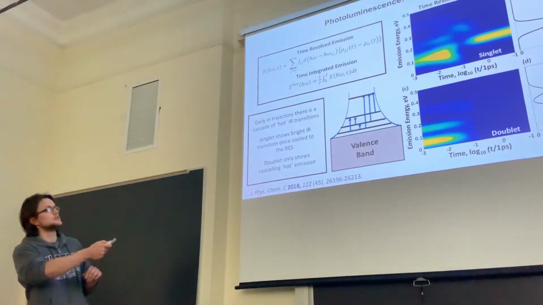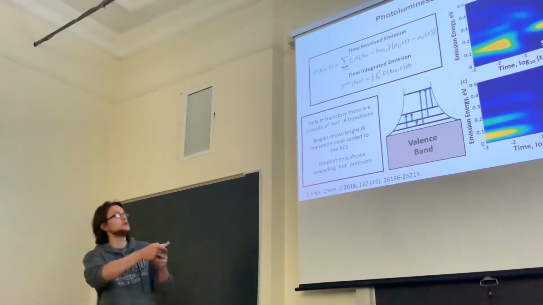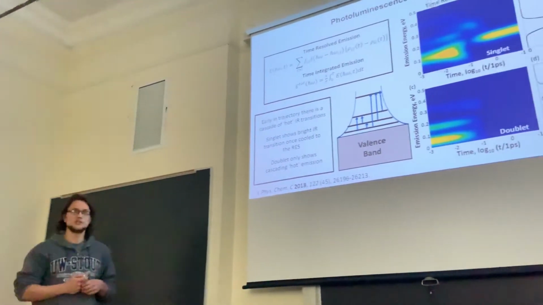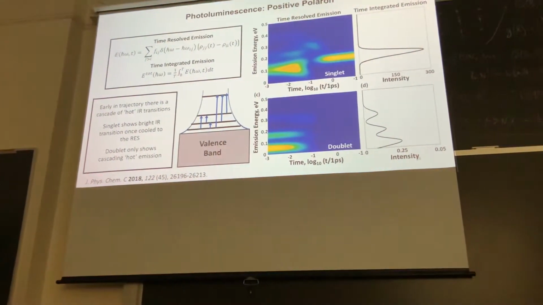So it's the same cooling dynamics, except instead of non-radiative transitions, we look at radiative transitions that compete with it. And so if you have radiative transitions that are quicker than the non-radiative, you get counts essentially in this time resolved spectrum.